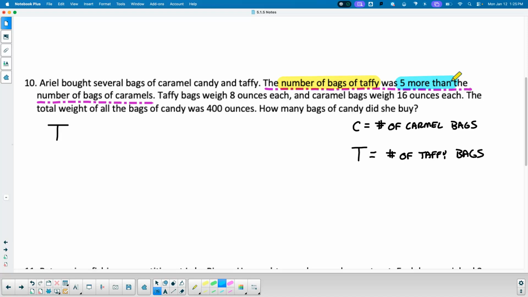Would it be times? Nope. Plus 5. So we got to have a 5 somewhere in there. Number of bags of caramels.